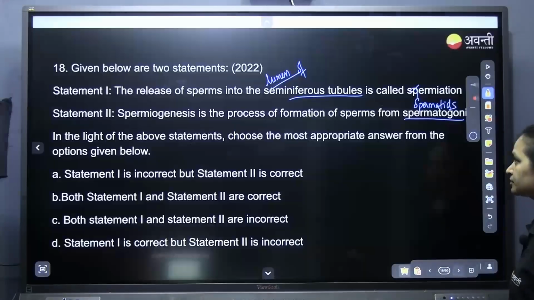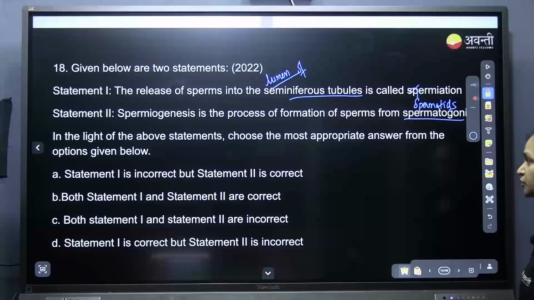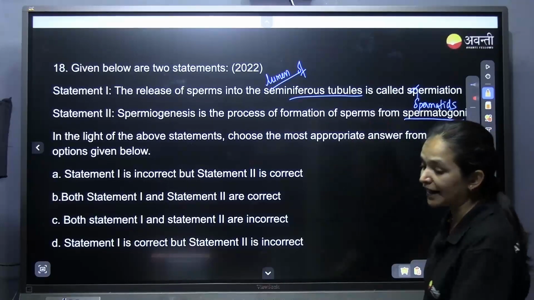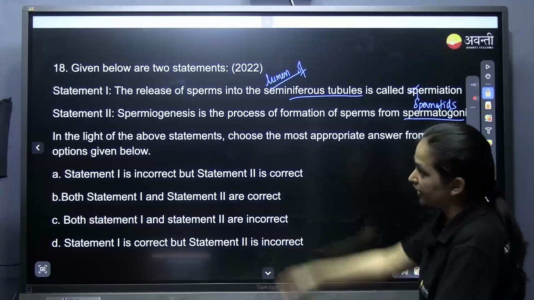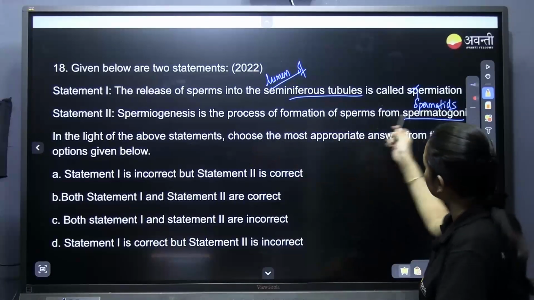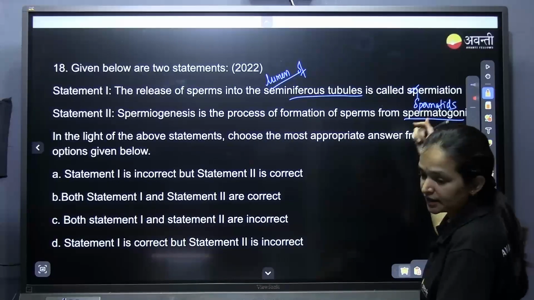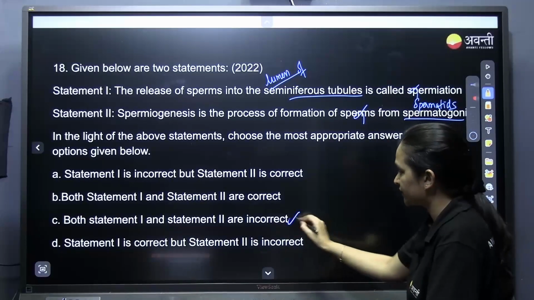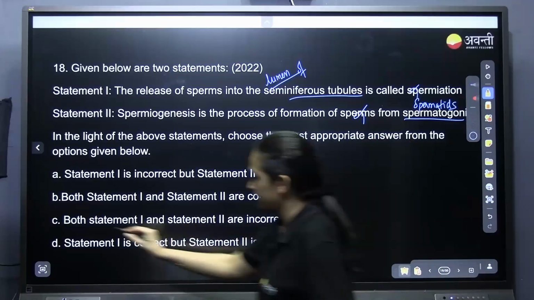Again read the question. Spermatogenesis is the process of formation of sperms from the spermatogonia. Formation of sperms from the spermatogonia is called spermatogenesis. They have asked about spermiogenesis, which means it should be from the spermatids. Any doubts? So both statements 1 and 2 are incorrect, which means this is the correct answer.